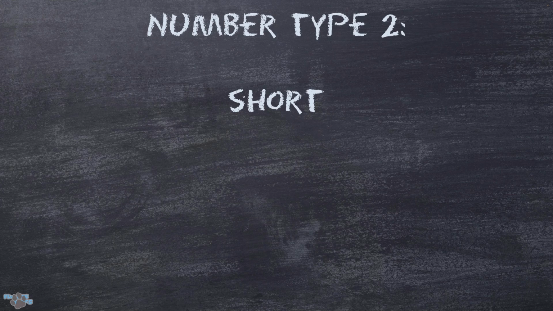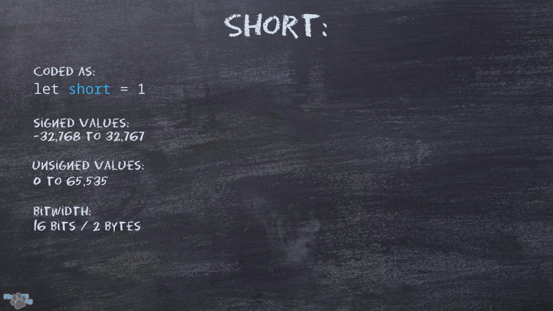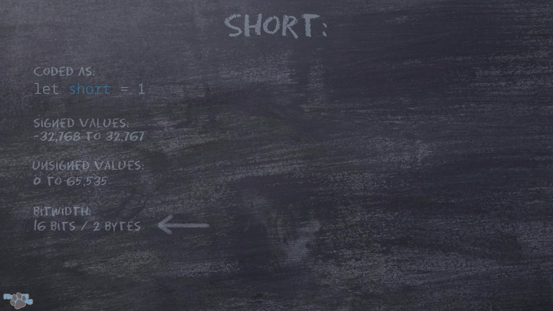After byte, we have the short type. As shown, a short can either be negative 32,768 to 32,767, or 0 to 65,535, and uses a bit width of 16 bits or 2 bytes.